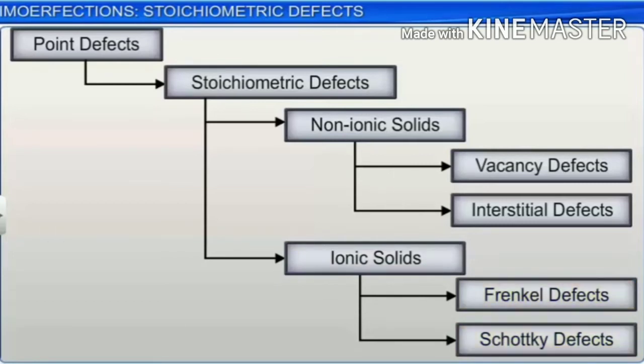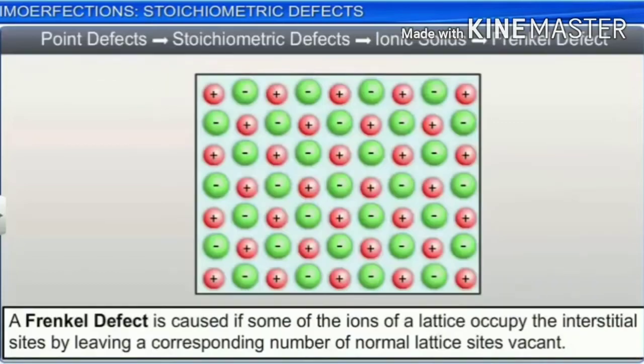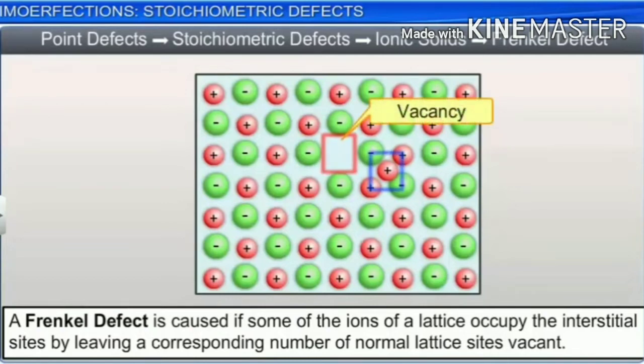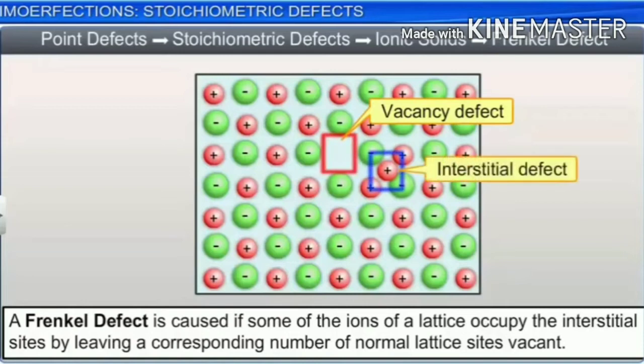A Frenkel defect is caused if some of the ions of a lattice occupy the interstitial sites by leaving a corresponding number of normal lattice sites vacant. You can see this from the figure here. This creates a vacancy defect at the original site and an interstitial defect at its new location.